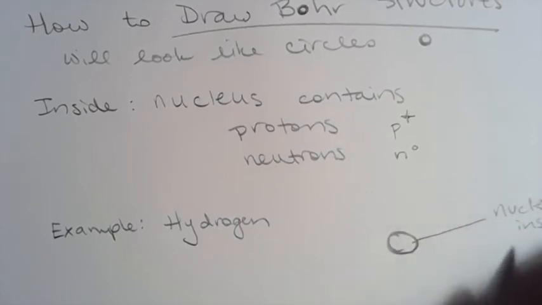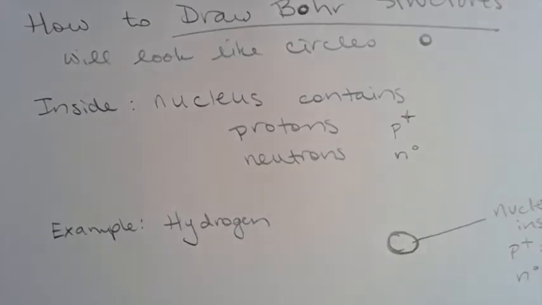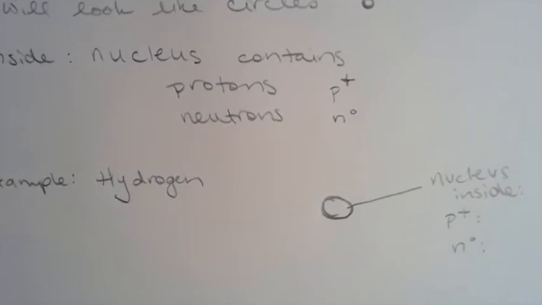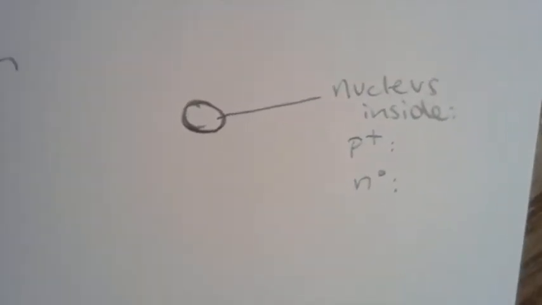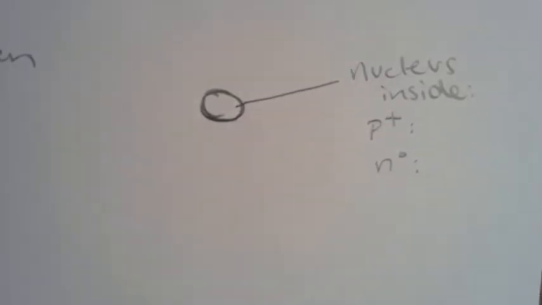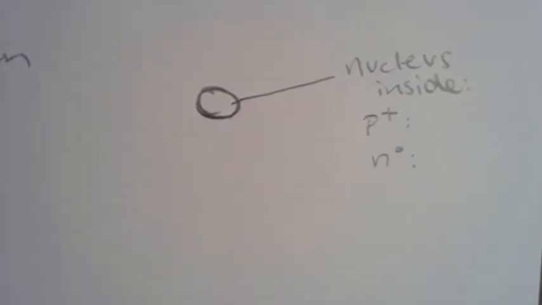And how many protons? We're going to have some number of protons and some number of neutrons. To figure this out, we look at our box on our periodic table. That will show us how many protons anyways.